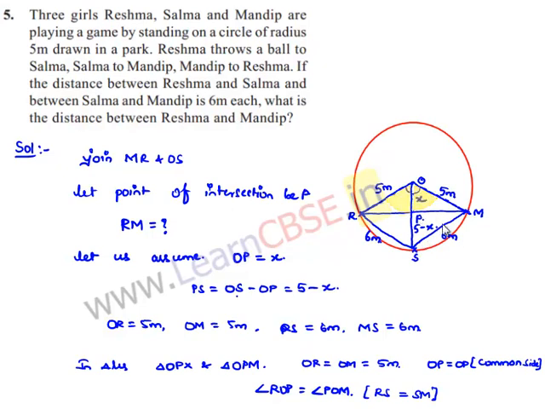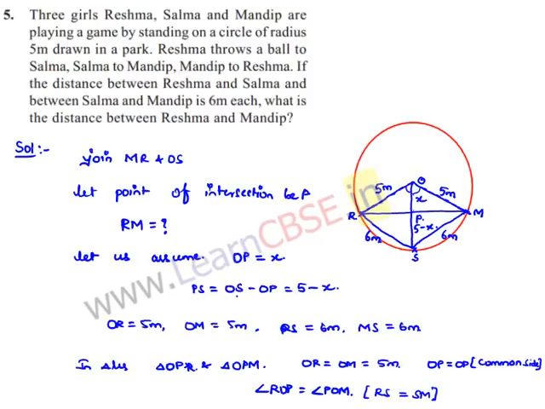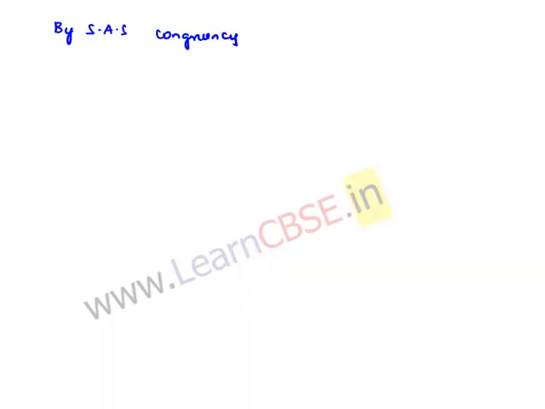Therefore the angles will be equal. Now by SAS property of congruency, triangle OPR is congruent to triangle OPM.